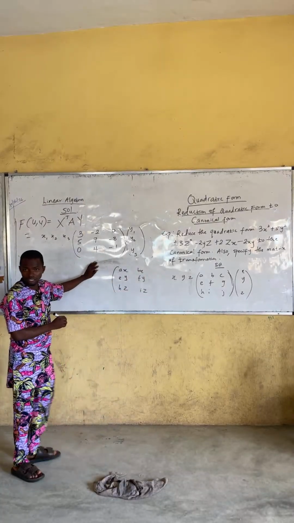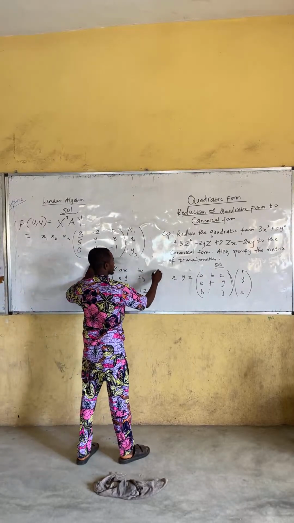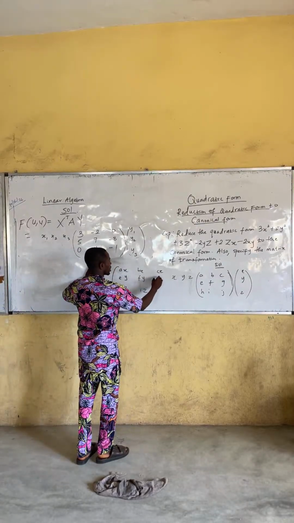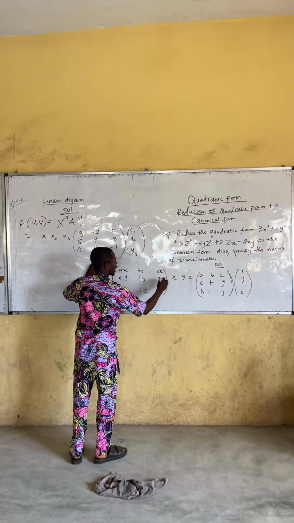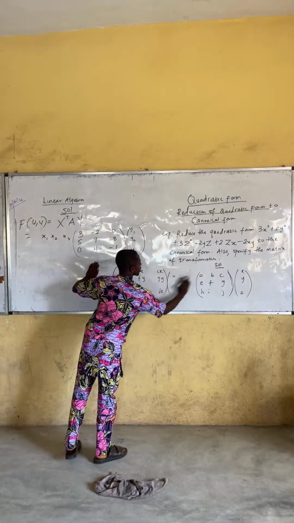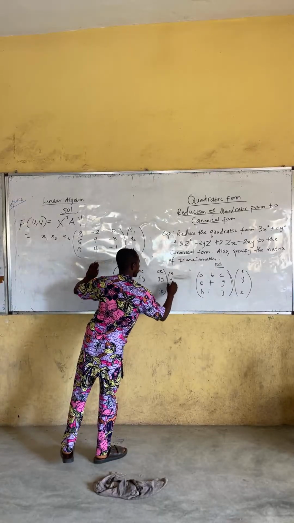Hope you are following. The third will be CX, GY, and JZ. Then I will now multiply it by x, y, z.